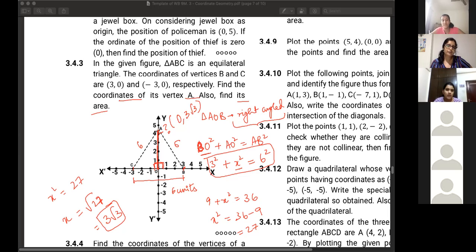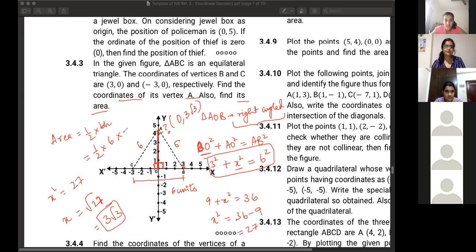Once you get the coordinate of vertex A, can you find the area? What is area of triangle? Half into base into height. So half into, how much is the base? 6 centimeter. And height?